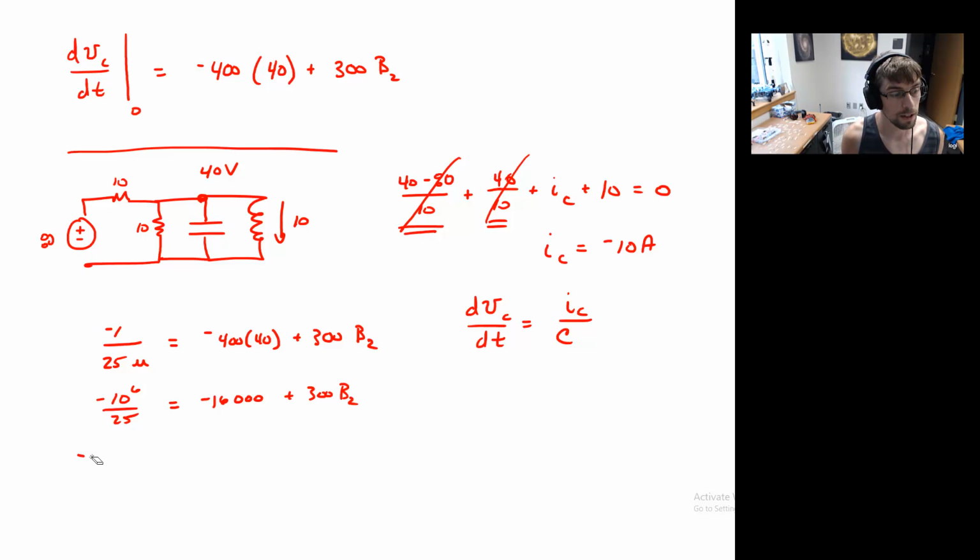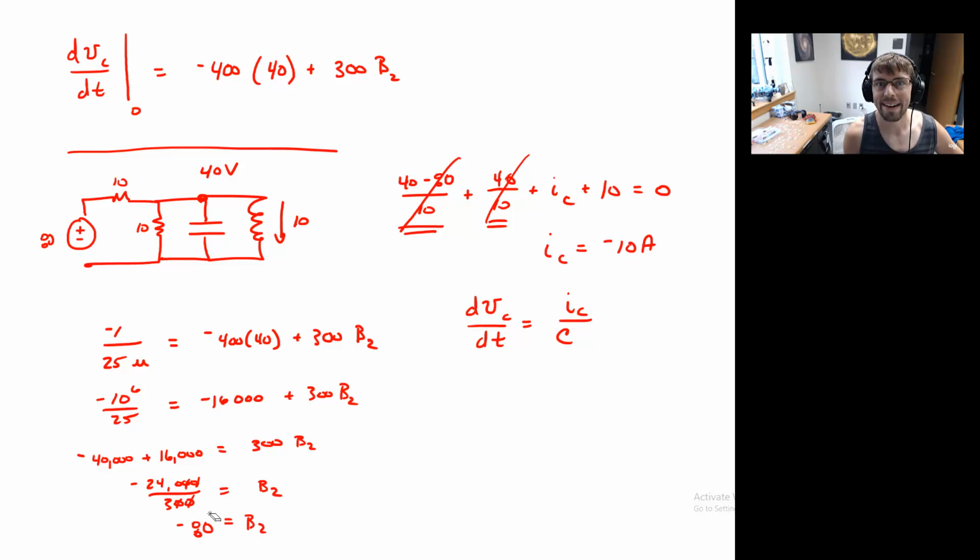We have something like negative 40,000, looks like plus 16,000, equals 300 B2. Oh, goody. So this is negative 24,000 divided by 300. So we knock off a couple zeros, equals B2. And I think I get something like negative 80 equals B2.